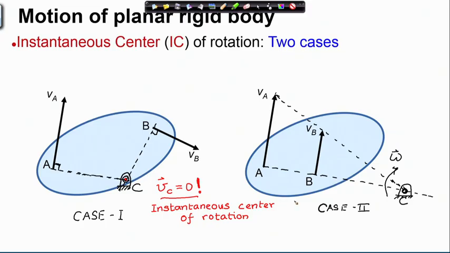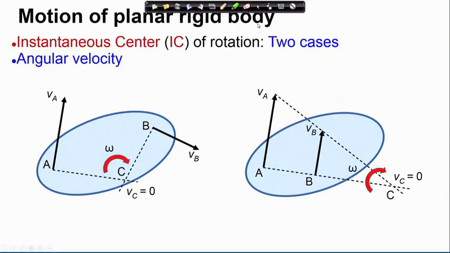So, that brings us to the concept of angular velocity. Here I have drawn out for you the instantaneous centers of rotation for the two cases, and we have this angular velocity.